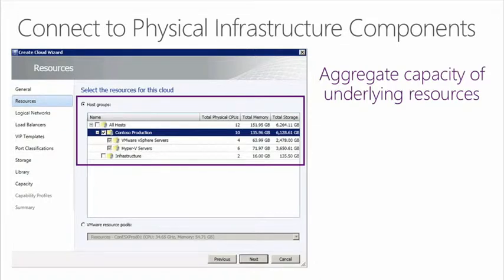And I can aggregate those resources together. So if I have a host group that has a cluster in one data center and another group of servers in that data center, or maybe even a different data center, I can choose those different host groups and aggregate those resources together to be the full capacity of the resources I'm going to use.